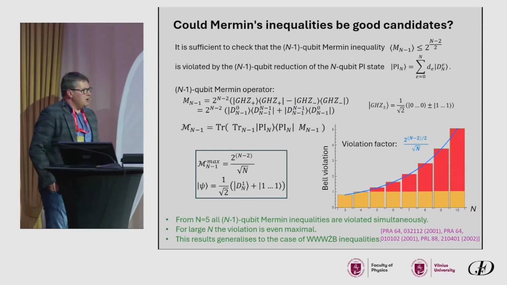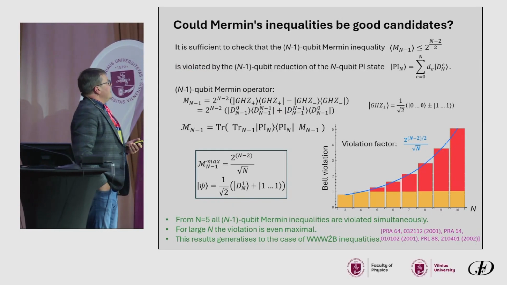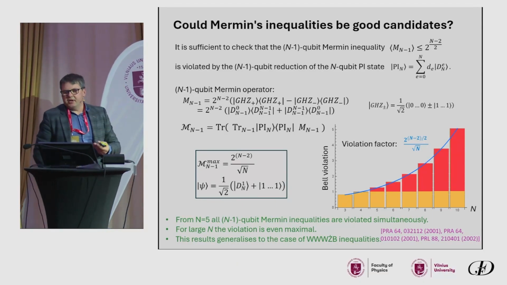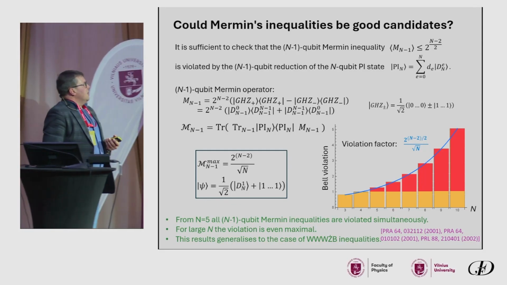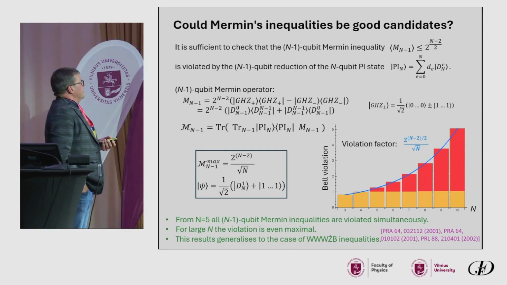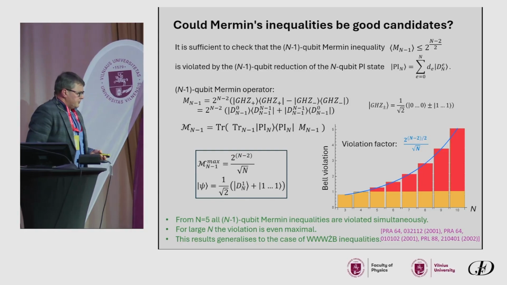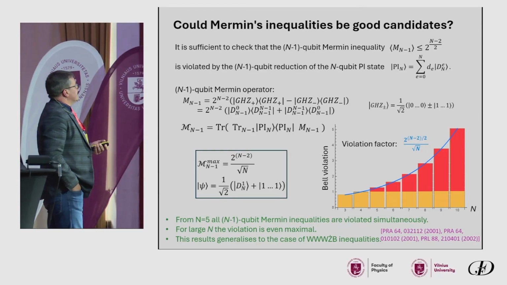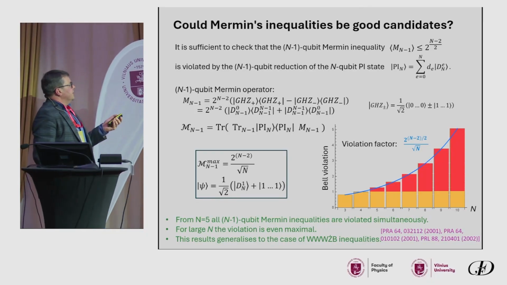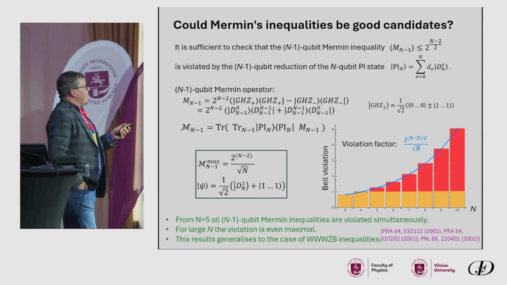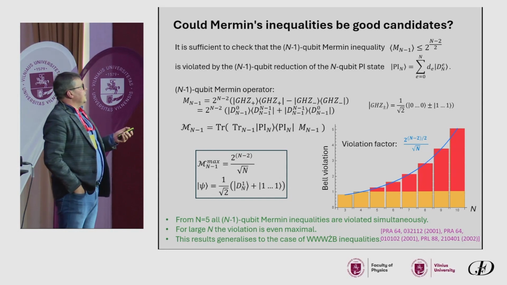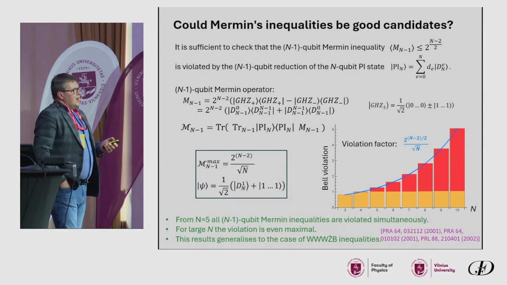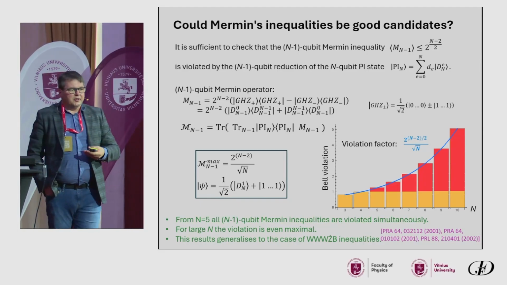The first try would be to verify if the well-known Mermin inequalities can be a good candidate for such inequalities. And referring to the last sentence from the previous slide, it is enough to check that the n-1 qubit Mermin inequality is violated by the PI state after tracing out one particle.